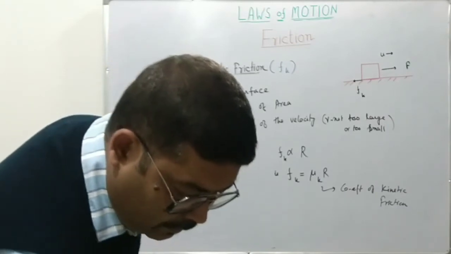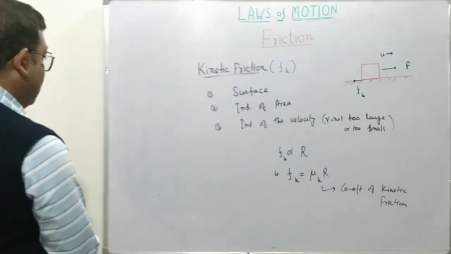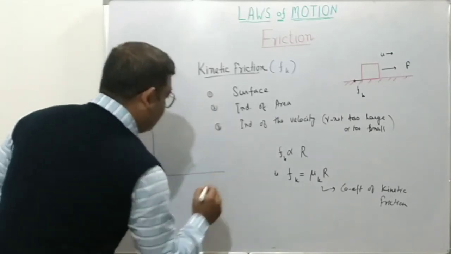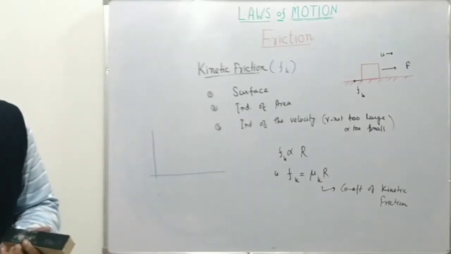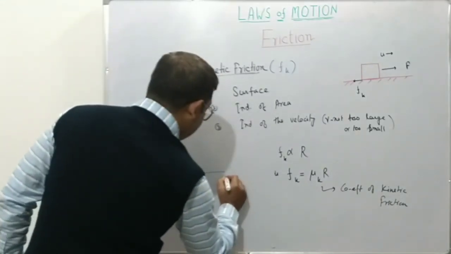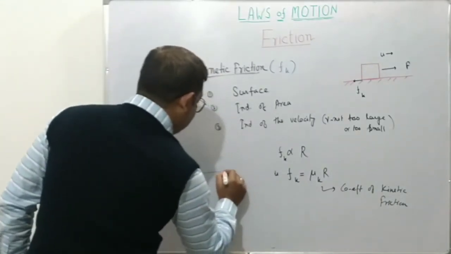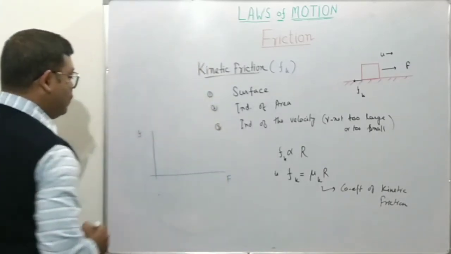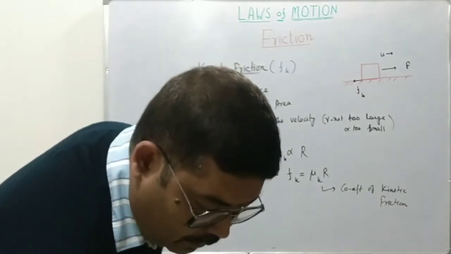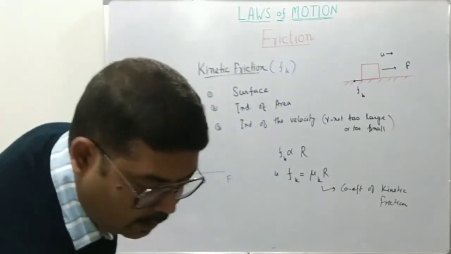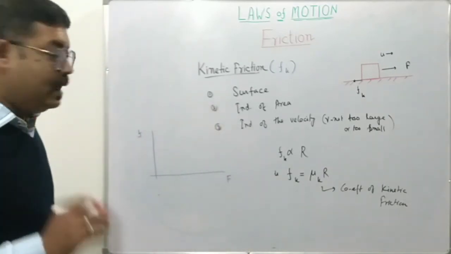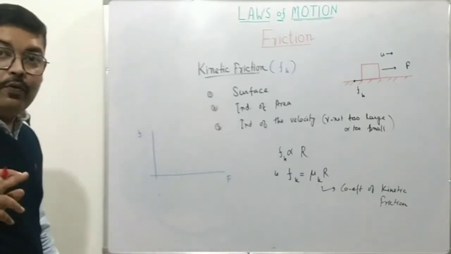Now, if we plot a graph between the applied force and the frictional force that is generated, what we have found is that for the initial phase when the object was not moving, for static friction, it was a self-adjusting force.